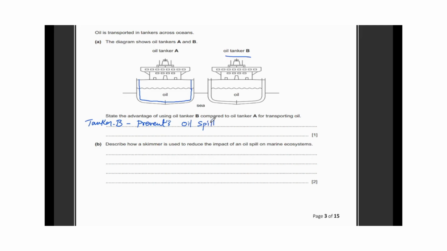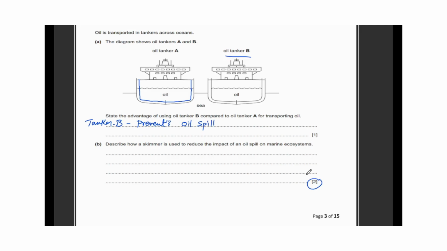Now next one, describe how a skimmer is used to reduce the impact of an oil spill on marine ecosystem. It is carrying 2 marks. A skimmer is something which removes the oil from the surface of water.